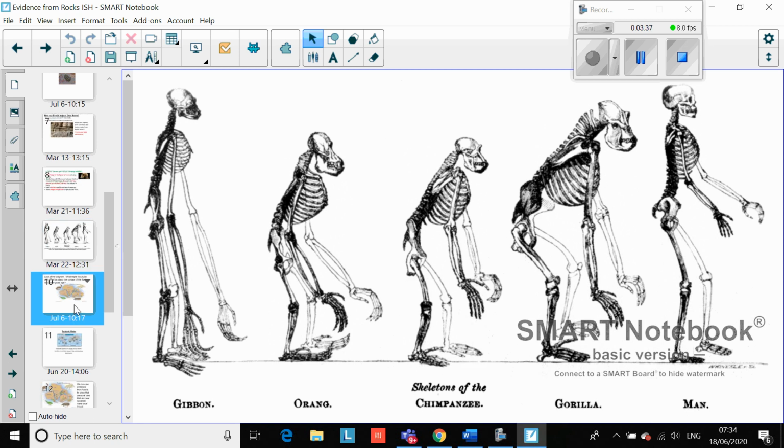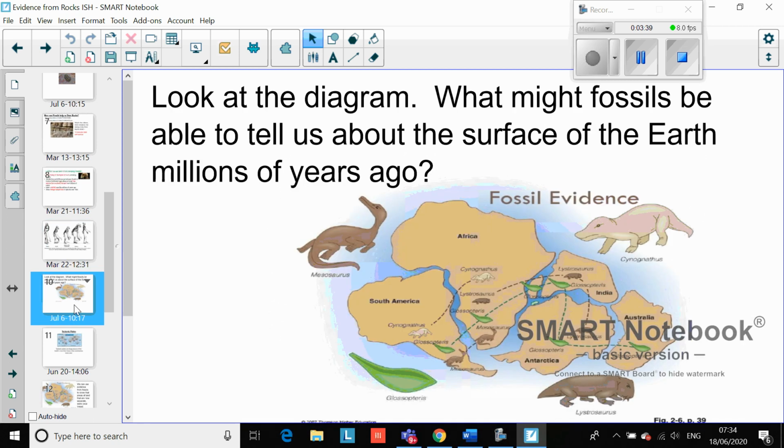However, firstly, look at this diagram. What might fossils be able to tell us about the surface of the Earth millions of years ago? So, what we've got here are our familiar places: Africa, Antarctica, Australia, India, South America.